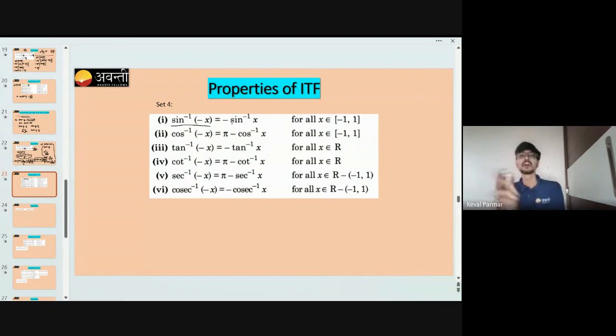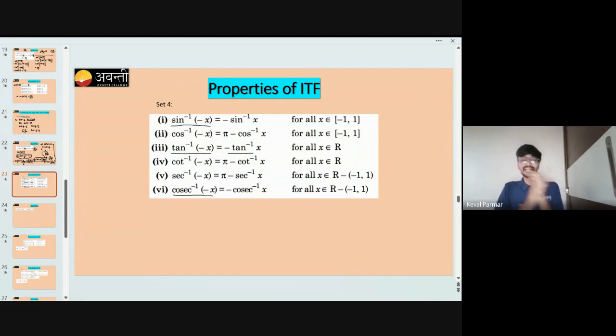As you can see here, sine inverse of minus x is equal to minus sine inverse of x. Same is for tan inverse: tan inverse of minus x is minus tan inverse of x. And same for cosec inverse: cosec inverse of minus x is minus cosec inverse of x.